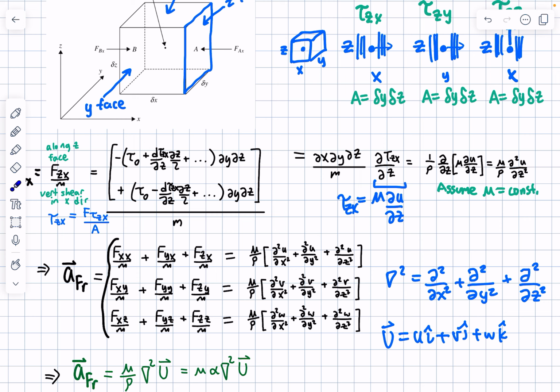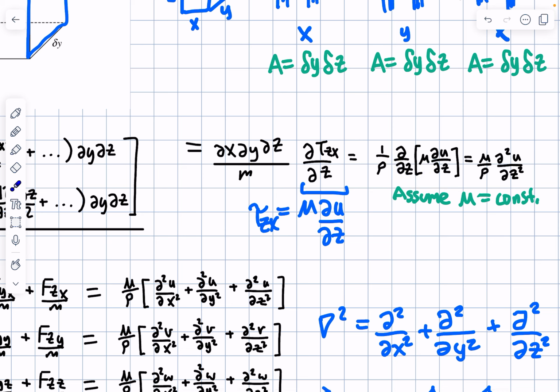And so we can then get 1/rho by plugging this in: 1/rho partial z times this mu partial u partial z. And if we assume that mu is a constant, the same everywhere, you can just take it out and you'll be left with this.